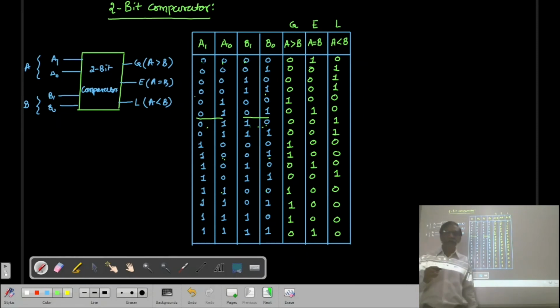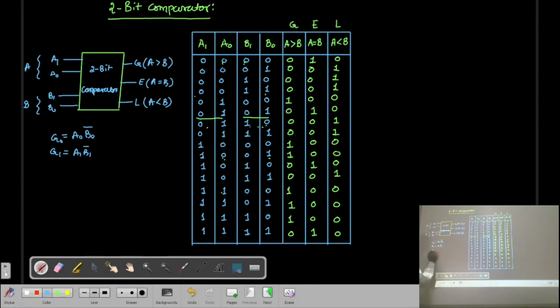For that you should remember the expression for a 1-bit comparator. So B0 compared with A0, we have G0 equal to A0 B0 bar. In the previous case we wrote this expression as A B bar. Then if we compare B1 with A1, this expression will come out to be A1 B1 bar.